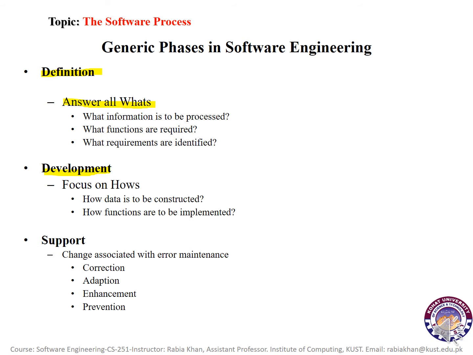For example, here the software engineer tries to define how data is to be constructed for the software, how functions are going to be implemented, how design of software will be translated to a working software using some programming tool, how testing will be performed. So here the steps that are commonly followed under development are the software design, software code, and software testing.